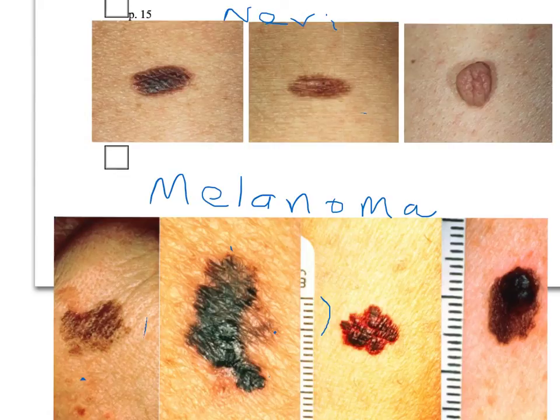If something is undergoing some rapid change or noticeable change, that would be the E. So when you're evaluating a nevi, you're trying to tell if it's a normal mole, a dysplastic mole, or a melanoma. You want to make sure you check the A, B, C, D, and E of all of the lesions.